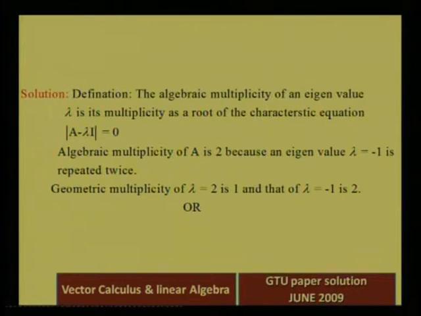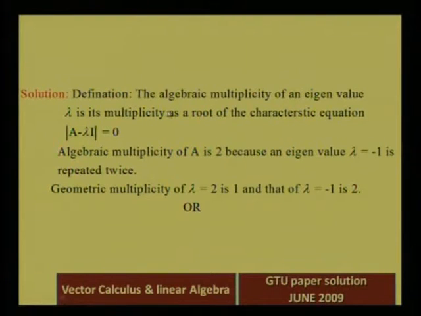It depends on how many eigenvectors correspond to that eigenvalue. Suppose corresponding to lambda 1 we have 3 eigenvectors, then the geometric multiplicity of lambda 1 is 3. Just try to understand that.